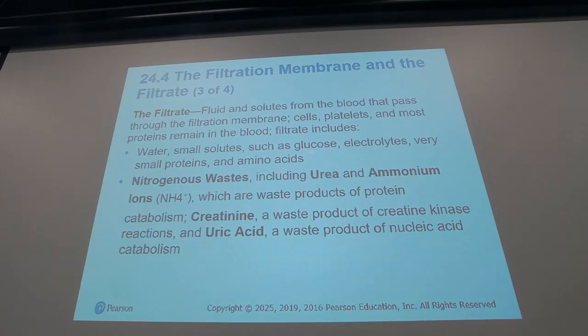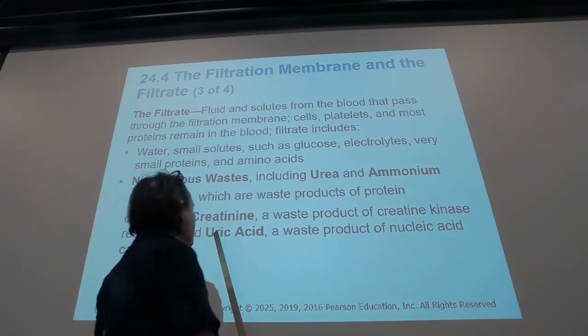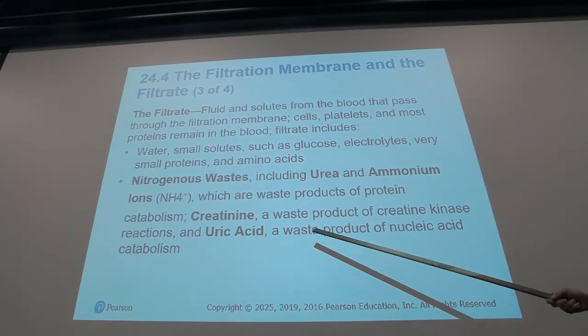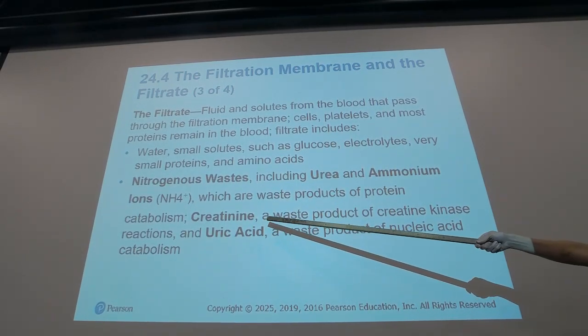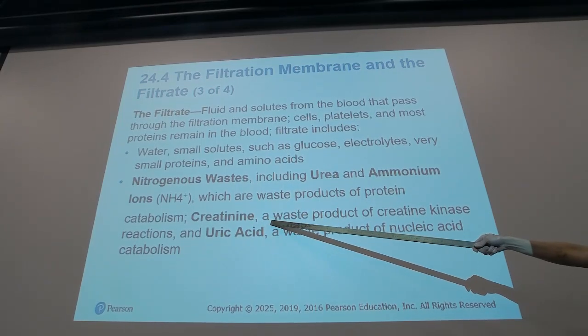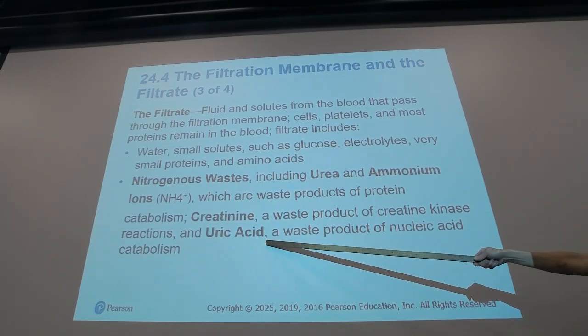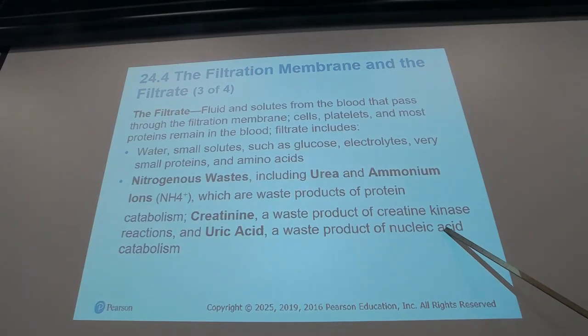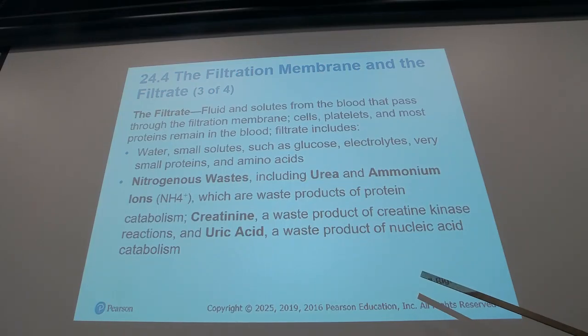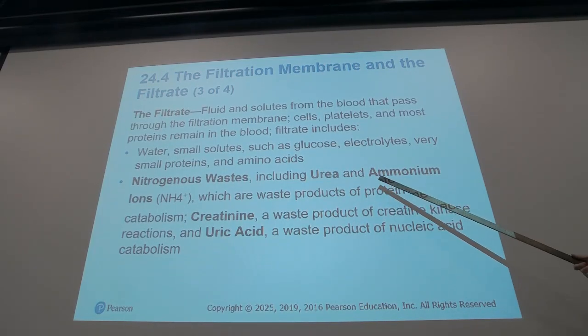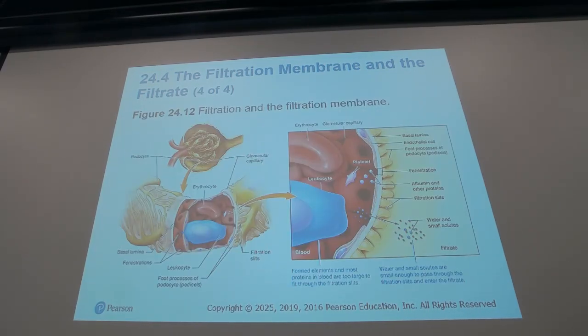And of course, we can have wastes, like nitrogenous wastes coming from the metabolism of proteins, which is urea and ammonium ions. We can also have creatinine, which comes from the metabolism of muscle, and uric acid that comes from metabolizing nucleic acids. So those are all the things that we can find in the filtrate.